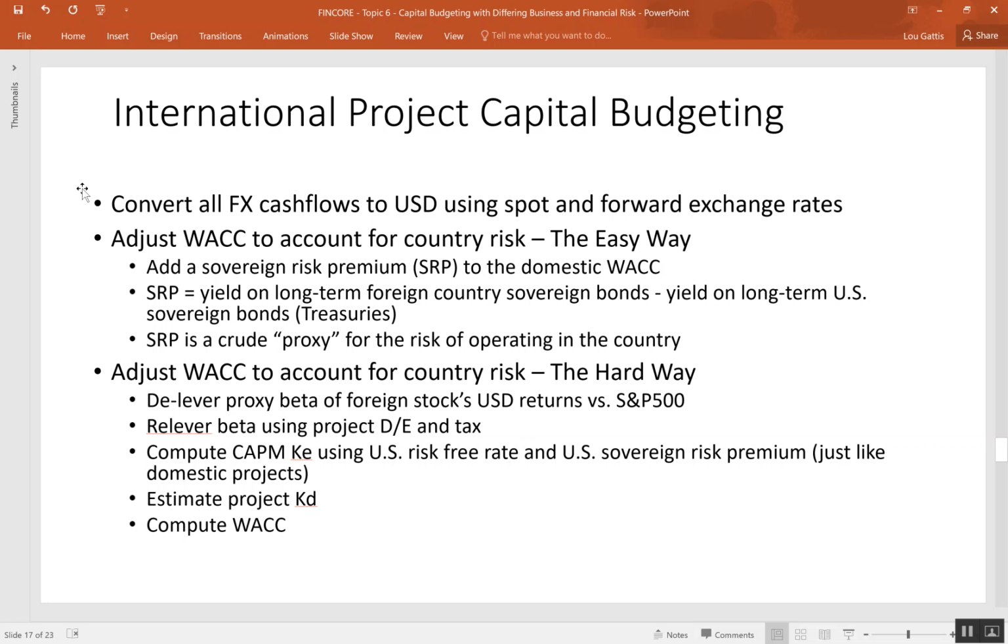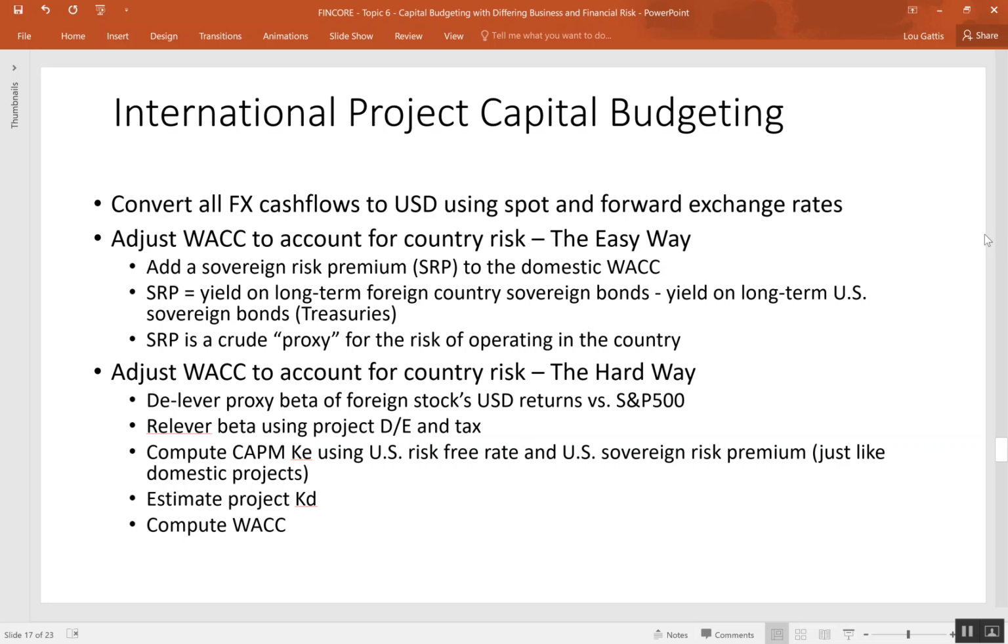So a common practice is if I were going to launch a project in Indiana, say ExxonMobil wants to build a plant in Indiana, it will calculate the domestic WACC. If they want to start that same project in India, they can take that domestic WACC and add something called a sovereign risk premium, which is simply the difference between long-term treasury rates and the rates on long-term sovereign or federal bonds in the foreign country.